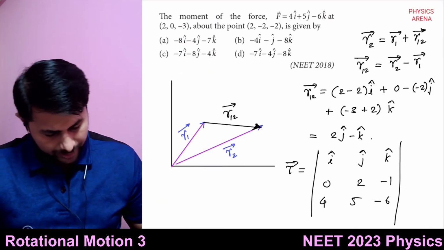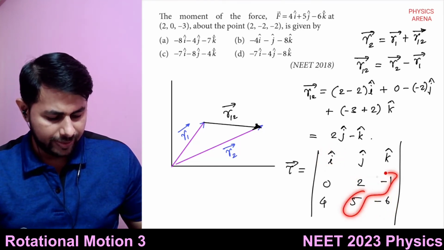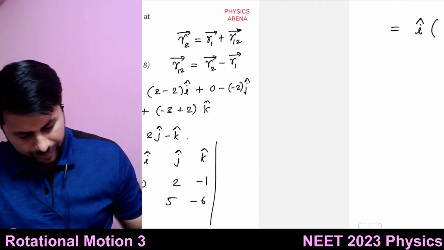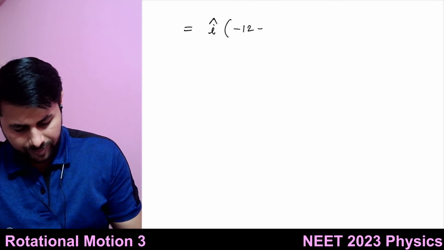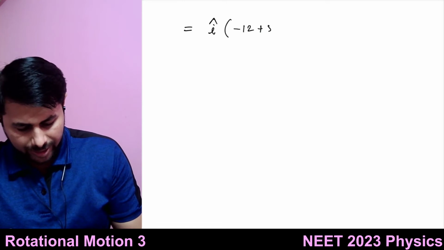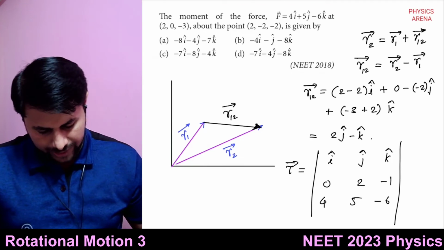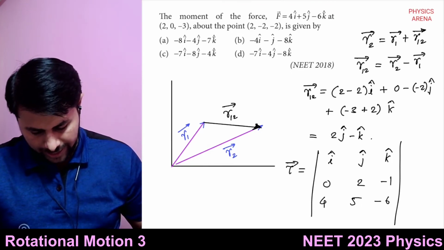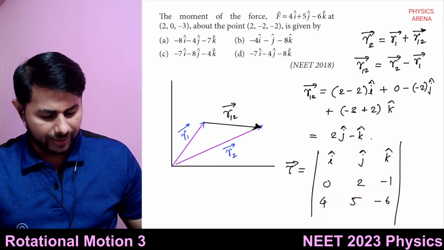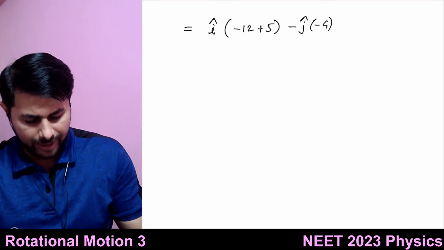So what do we have? I cap multiplied by 2 into minus 6 minus 5 into minus 1. That is 2 into minus 6, which is minus 12, minus 5 times minus 1, which is minus minus plus, so minus 12 plus 5. Then j cap multiplied by 0 into minus 6, that's 0, minus 4 times minus 1, so it is minus j multiplied by minus 4.